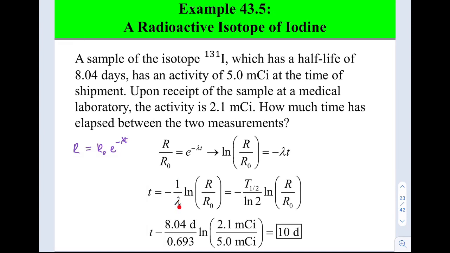And 1 over lambda is actually T half over ln 2, because T half is ln 2 over lambda. Then substitute the rest of the information and you will get this answer.